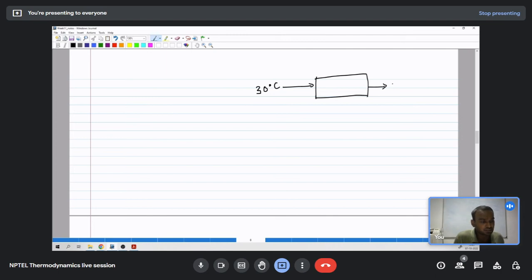This system does something and gives out 0 degrees Celsius, and they say it is insulated and there is no heat transfer. Like the heat transfer is 0 through the system, and work transfer to the system is also 0, and say this is at 1 bar and output is also at 1 bar.